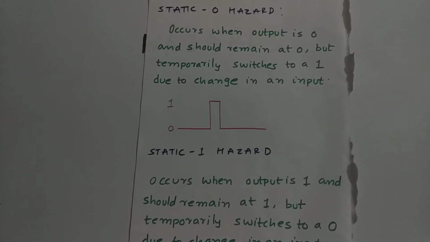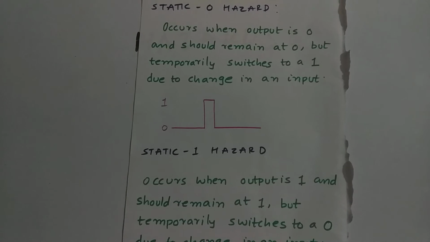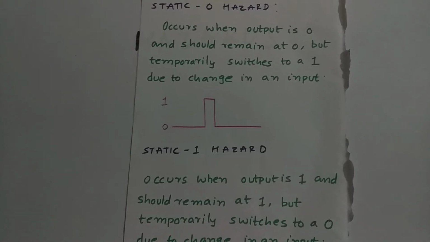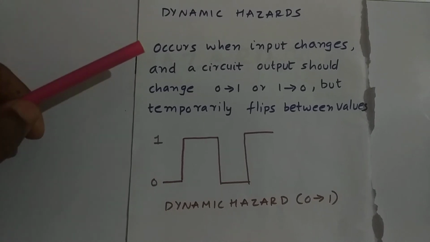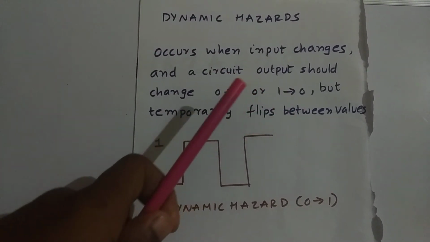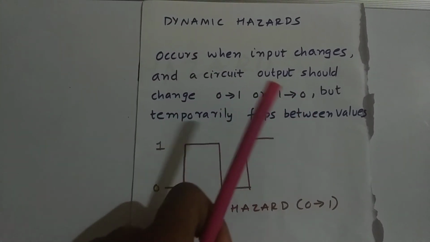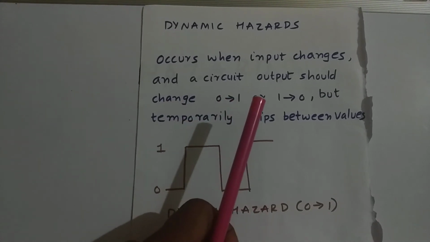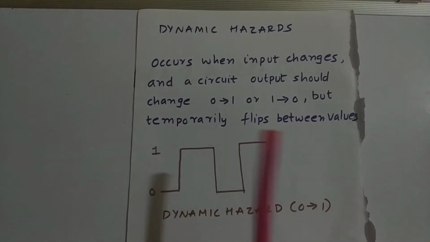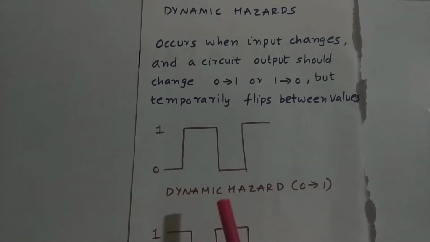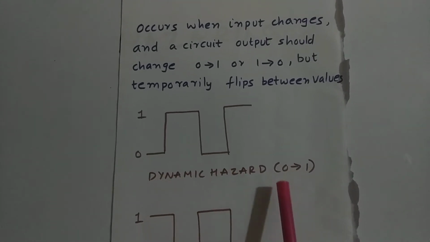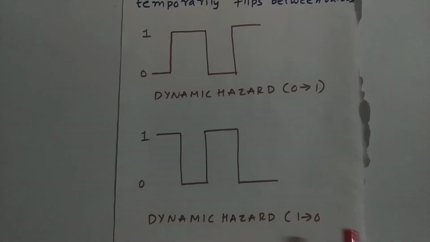So how can hazard be reduced? Before that, we need to go to dynamic hazards. Dynamic hazards occur when an input changes and the circuit output should change from 0 to 1 or 1 to 0, but it doesn't go cleanly from 0 to 1, it flips in between. As you can see, this is the dynamic hazard for 0 to 1 and this is the dynamic hazard for 1 to 0.